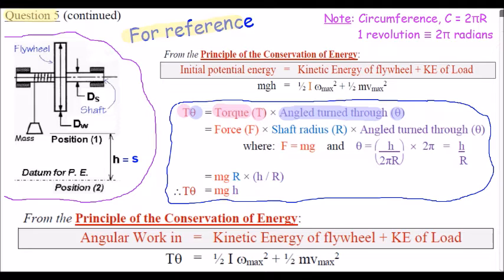From our previous definitions, we know that torque is actually, in this case, the force, F, that would be the weight force, mg, multiplied by the shaft radius, r. So that's half the shaft diameter.